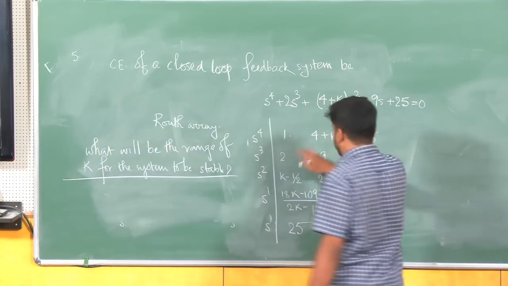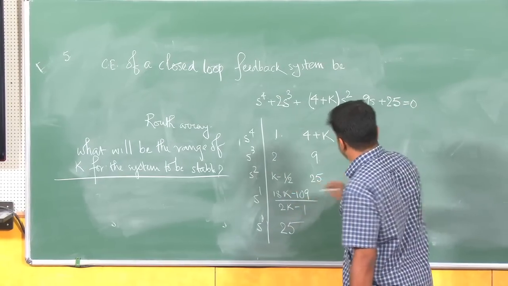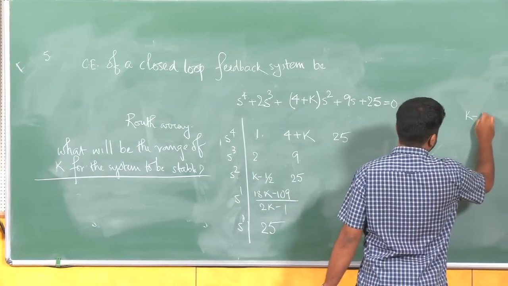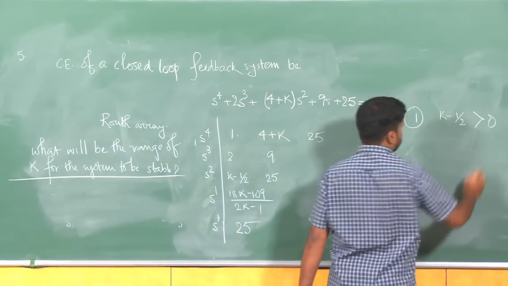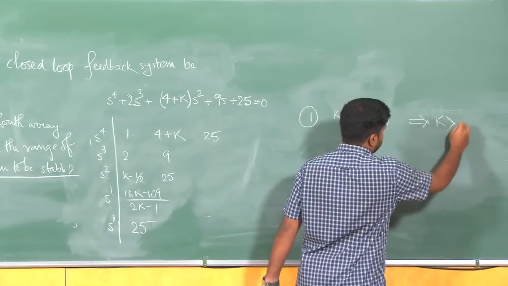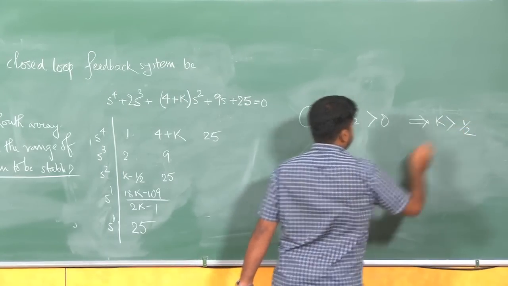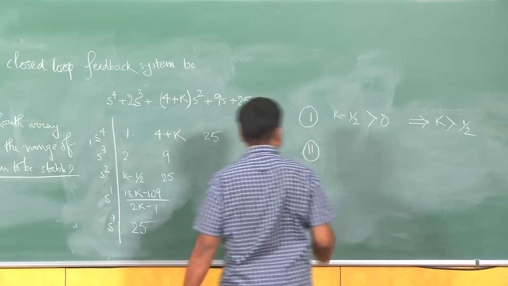So, for stability what we know is that all the terms should be positive. So, first condition is k minus half should be positive, that means k is greater than half, and second condition is this term will also be positive.